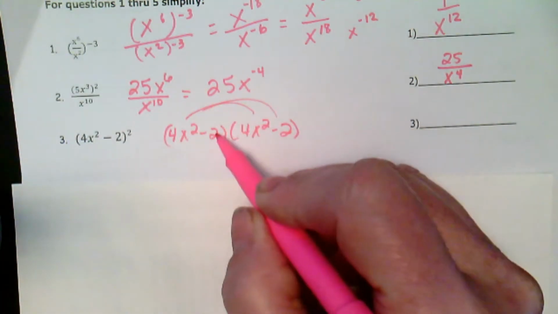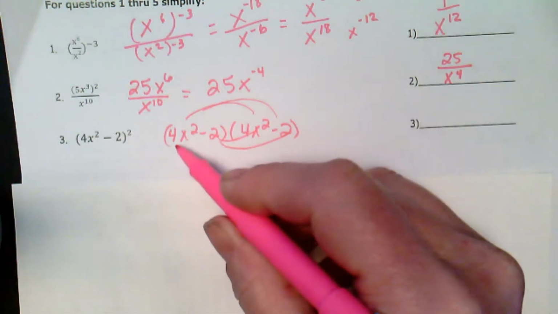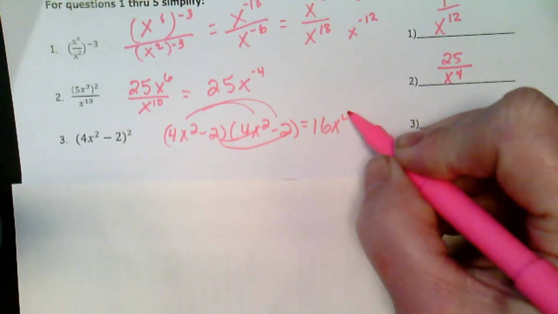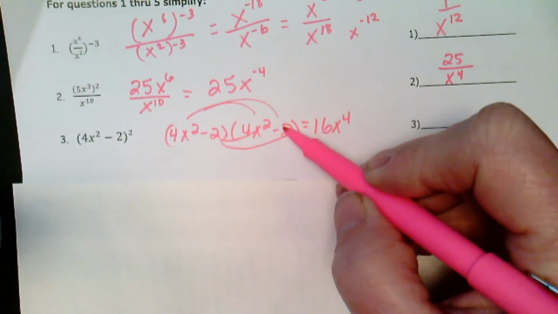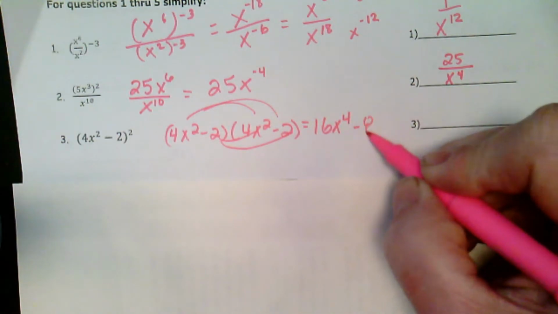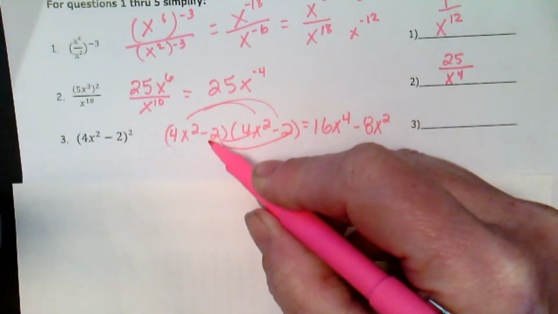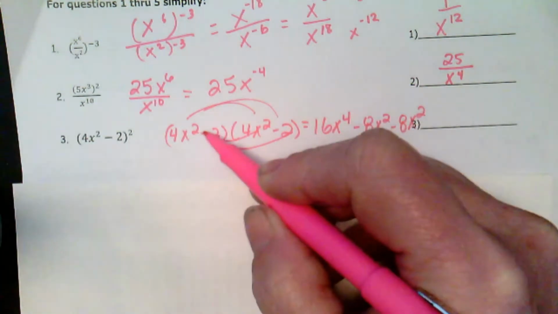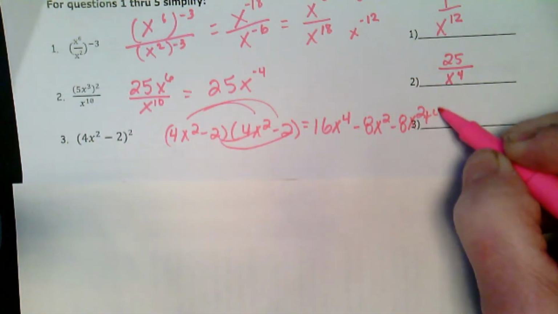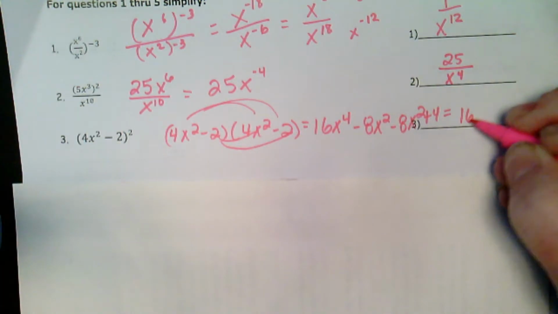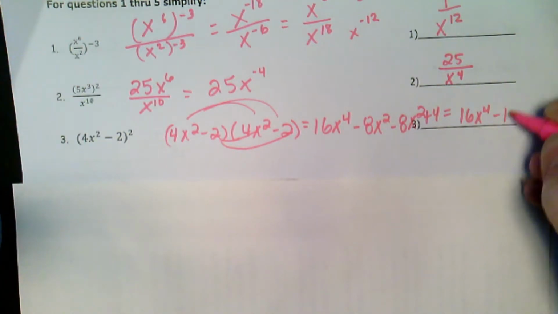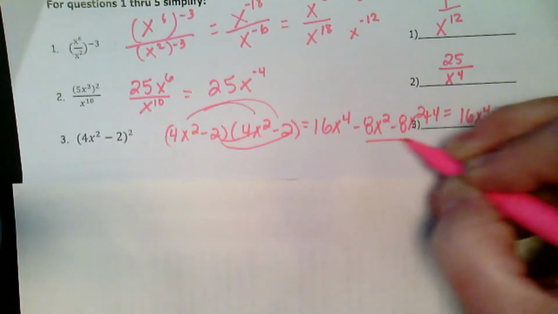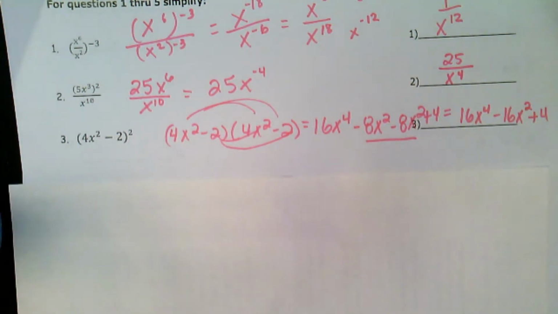So you're just foiling. 4x squared times 4x squared is 16x to the 4th. 4x squared times negative 2 is negative 8x squared. Negative 2 times 4x squared is negative 8x squared. Negative 2 times negative 2 is positive 4. And we can clean this up a little bit and make those inside terms go together.